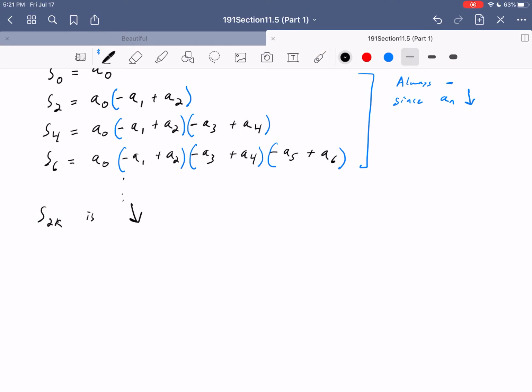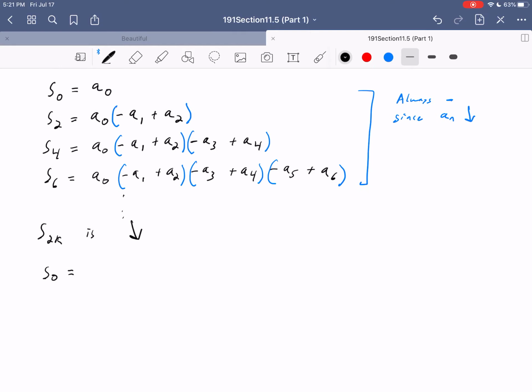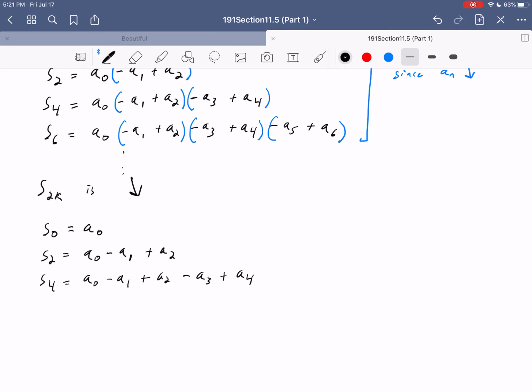Okay, but now we're going to do a little bit of a different grouping. So I'm going to write out my same ones. S sub 0 is a sub 0. S sub 2 is a0 minus a1 plus a2. S4 is a0 minus a1 plus a2 minus a3 plus a4. And then S6 is a0 minus a1 plus a2 minus a3 plus a4 minus a5 plus a6, and so on and so forth.